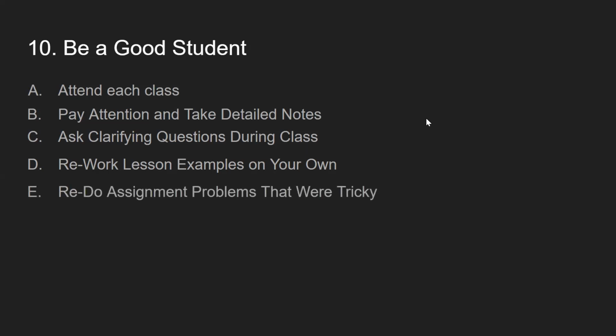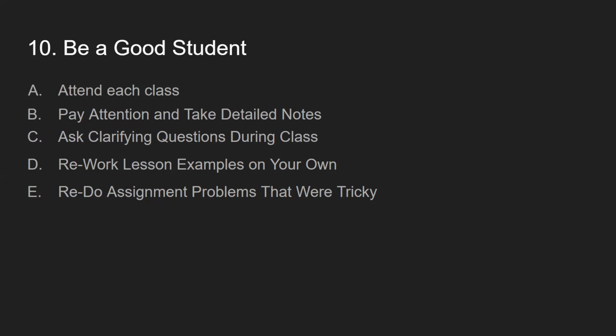And then do the same thing with assignment problems, particularly ones that were tricky to you and ones that you got wrong because you didn't understand the concept, not because you just made a careless mistake, or you forgot the negative sign somewhere or multiplied when you should have added. Look back at those problems that were difficult and challenging for you and you really didn't know how to do them.